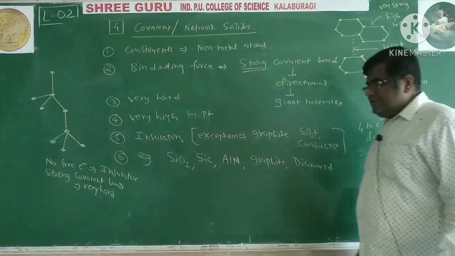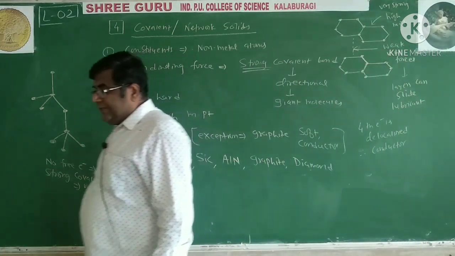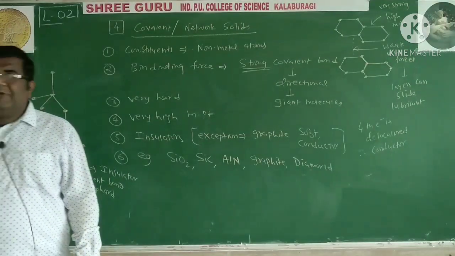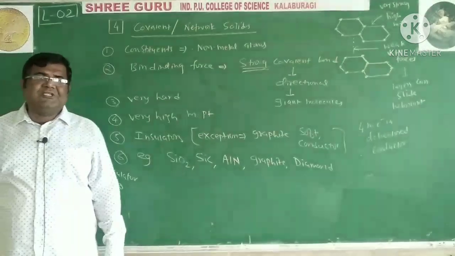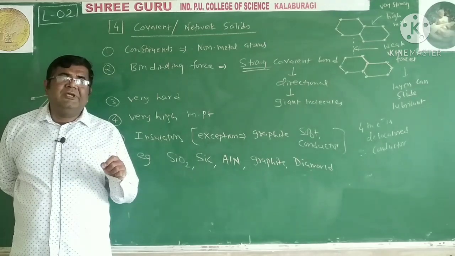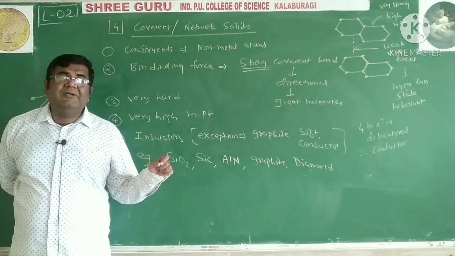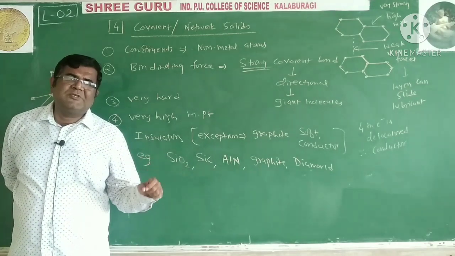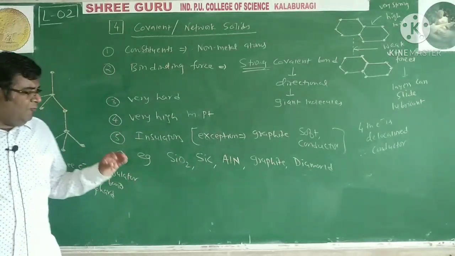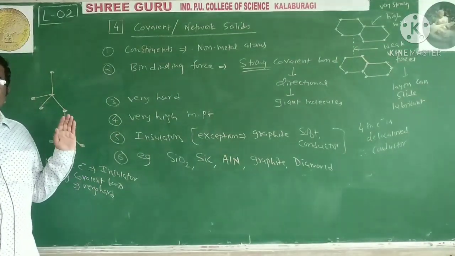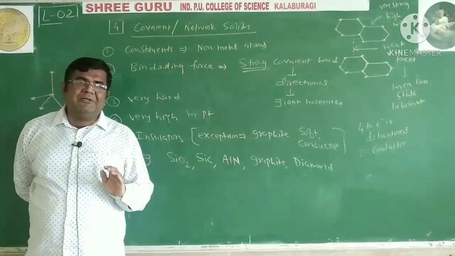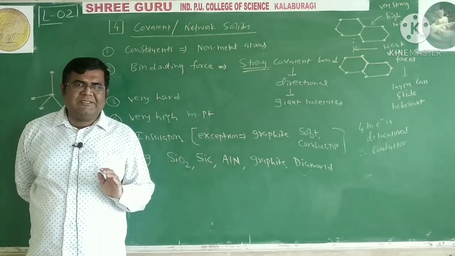Right. So why is graphite a conductor of electricity? Because every carbon atom in the graphite crystal has a free, mobile, delocalized electron responsible for conductivity. Why is diamond an insulator? Because no free electrons are available for the conduction of electricity.